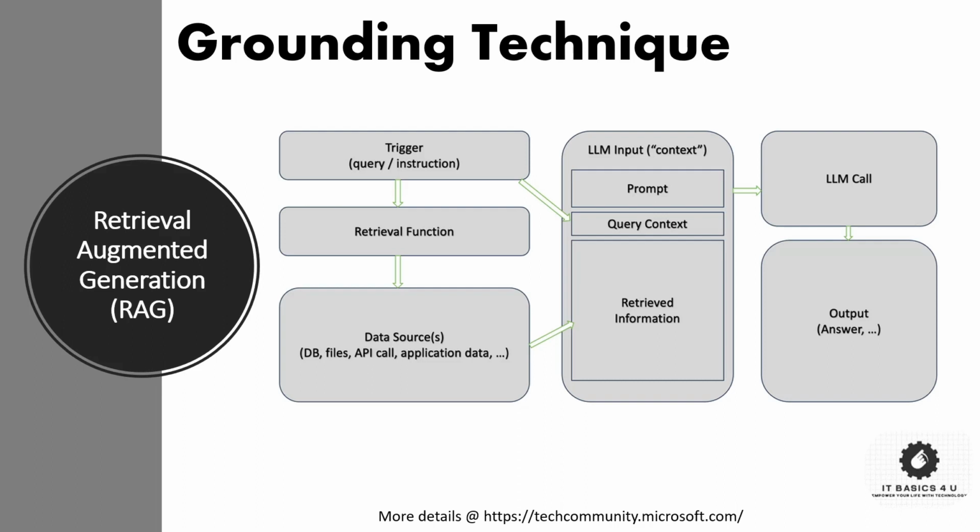The job of the retrieval function is to use that trigger, that query or instruction, and hit your data sources, the data sources which exist within your organization's boundary walls. This can be through a database, your files, your SharePoint files, your API calls, whatever it is. So you get plugged into your data sources. That's what the retrieval function does.